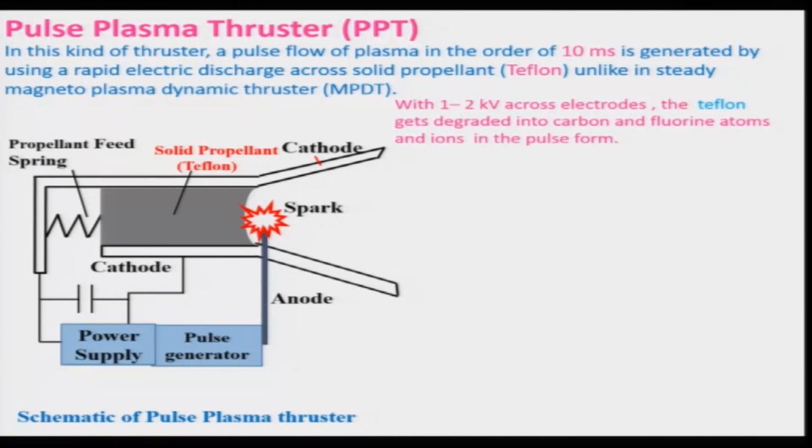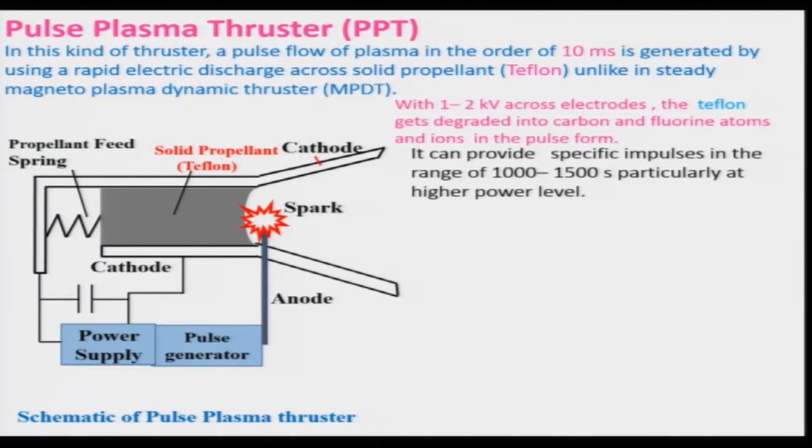And in this case, very low voltage as compared to the magnetoplasmadynamic thruster is used, that is 1 to 2 kilovolts across the electrodes. As I mentioned earlier, the Teflon gets degraded into carbon and fluorine atoms and ions in pulse form, producing the plasma, and this can provide a specific impulse in the range of 1000 to 1500 seconds.